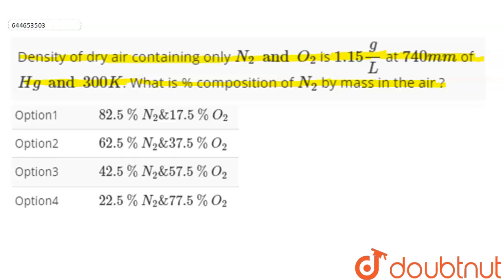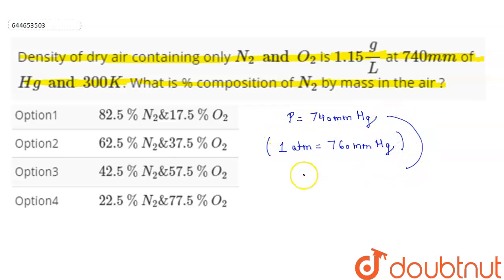So let's start. We are given the pressure 740 mm of Hg, and we know that 1 atmosphere is equal to 760 mm of Hg. So we will convert this pressure into atmosphere.